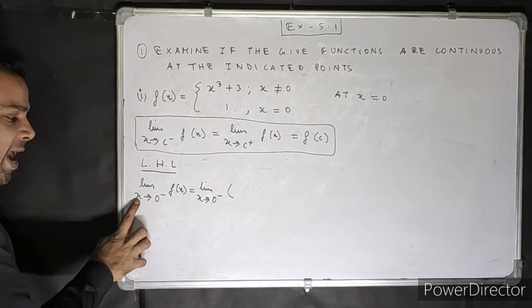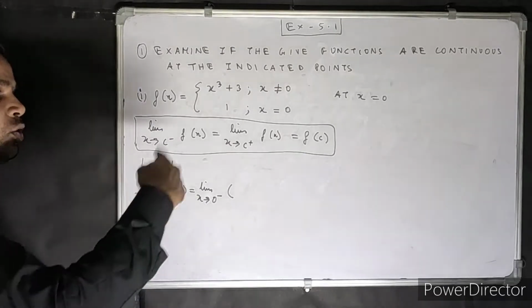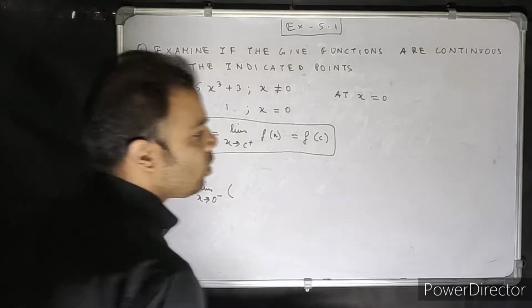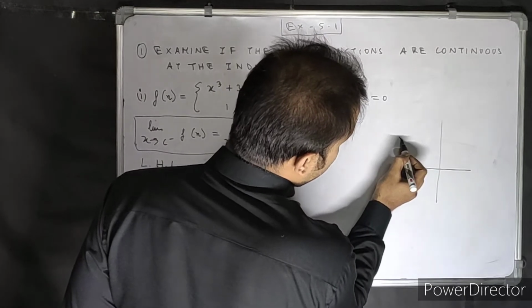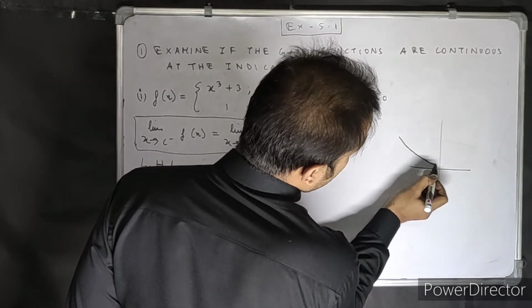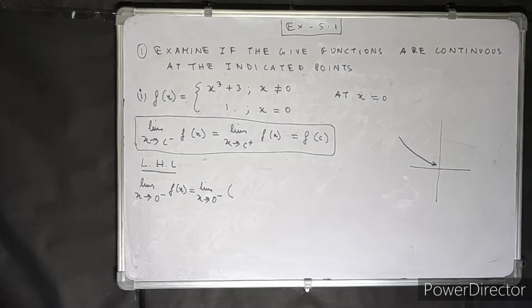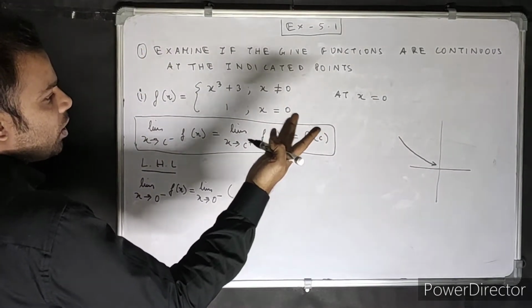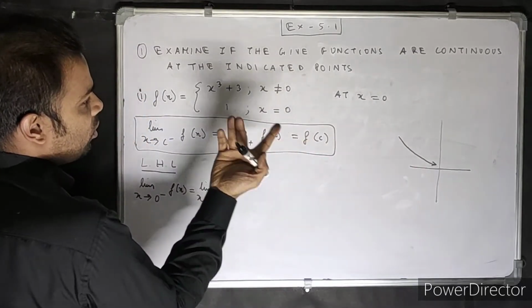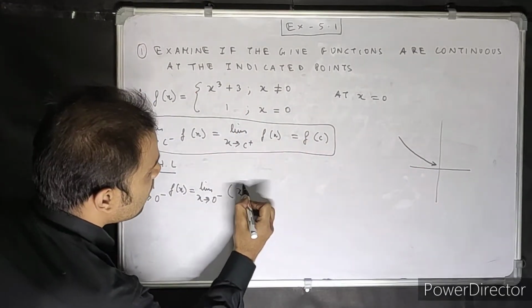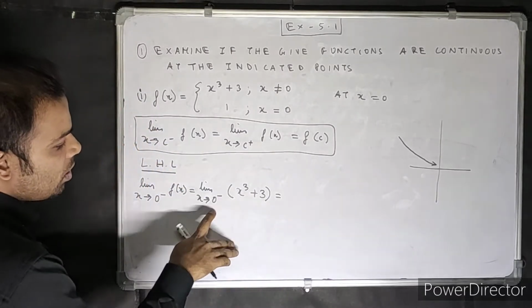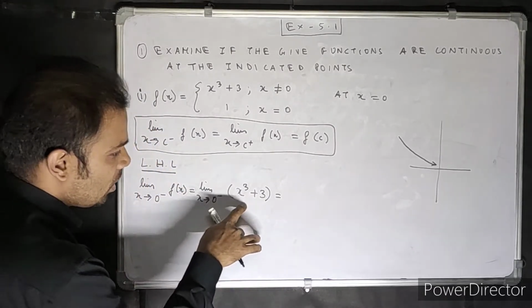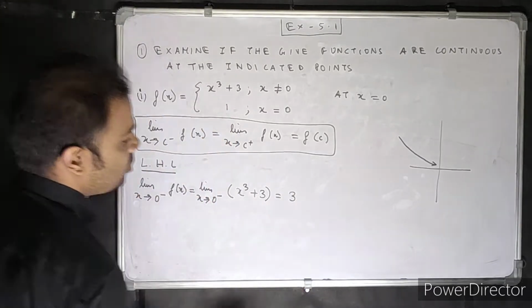This x is approaching 0, but it's not equal to 0, so the graph is approaching 0 from this side but didn't reach 0 as yet. So we'll use the x cube plus 3 part. Put 0 as the value. So 0 plus 3 is just 3.